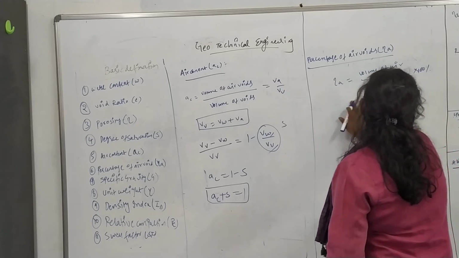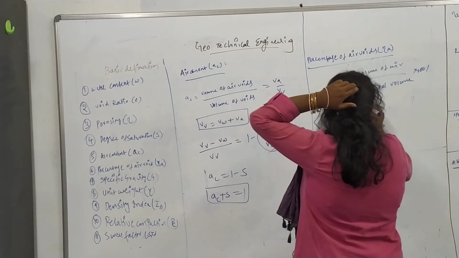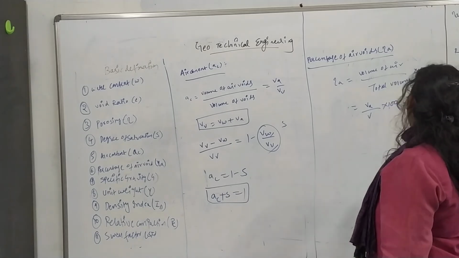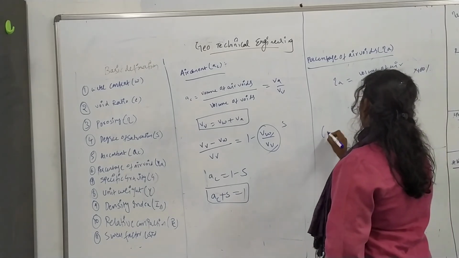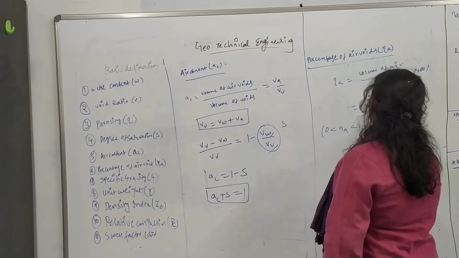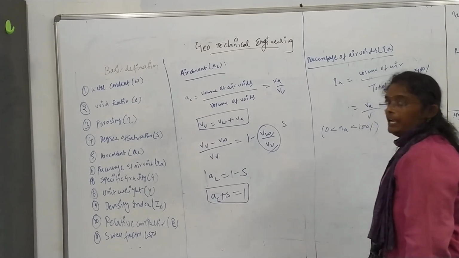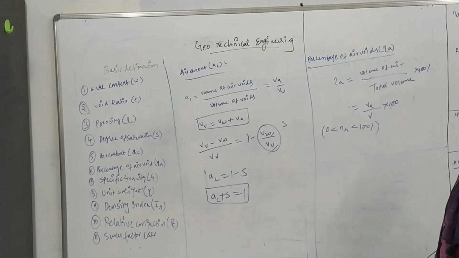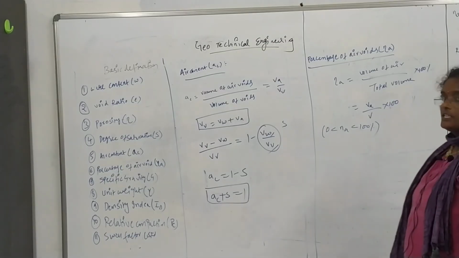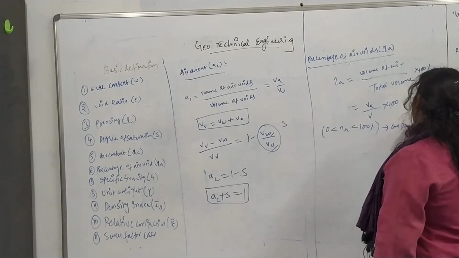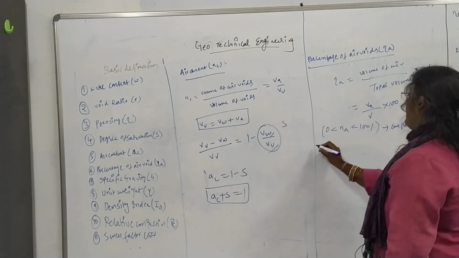So it is volume of air by total volume into 100. The 100% removal of air happens in a consolidation process or compaction, which we will be studying in the further chapters.